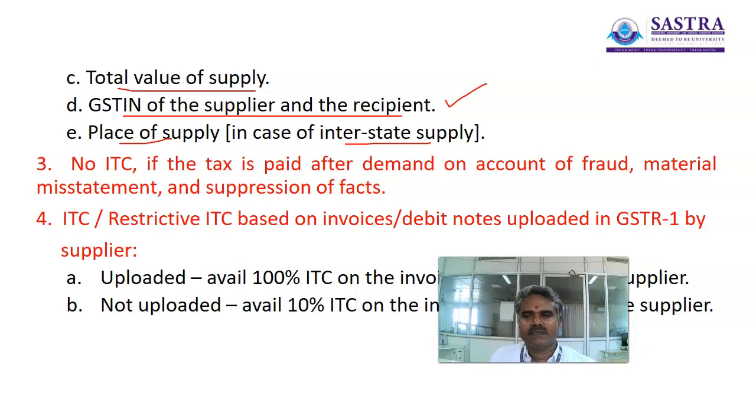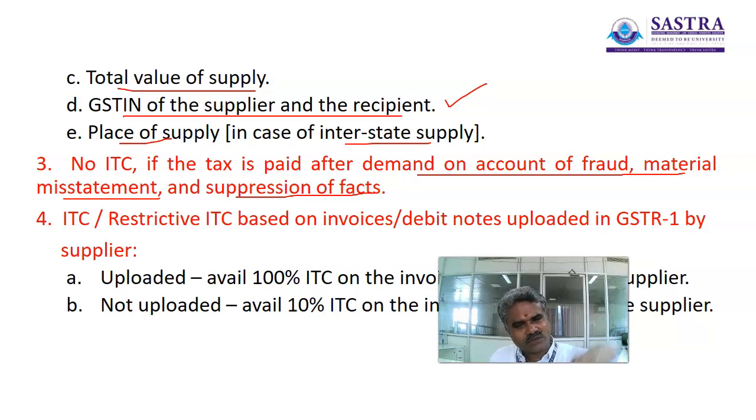Third one, no ITC if tax is paid after demand on account of fraud, material misstatement and suppression of facts. If you claim ITC with wrong information, fake documents, fraud, or suppression of facts, you hide the truth, then in this situation you are not eligible to claim ITC.